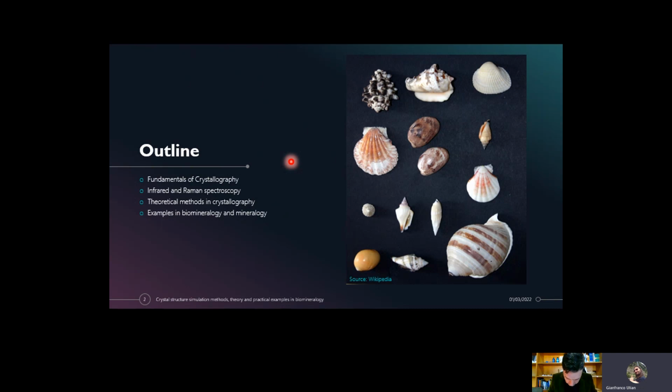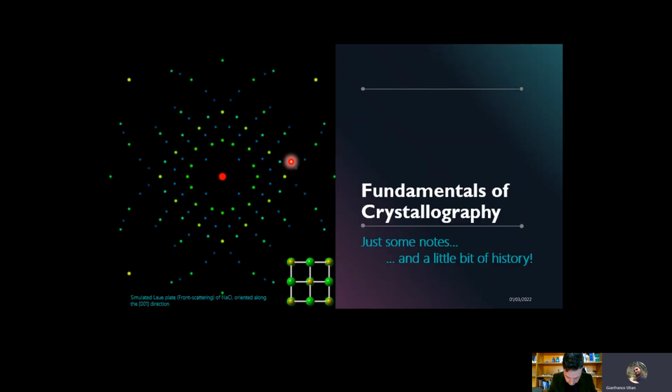Then a very brief introduction to theoretical methods, simulation methods that are employed in crystallography and in infrared Raman spectroscopy, and then some examples related to biomineralogy and mineralogy. Okay, so let's begin with the fundamentals of crystallography.